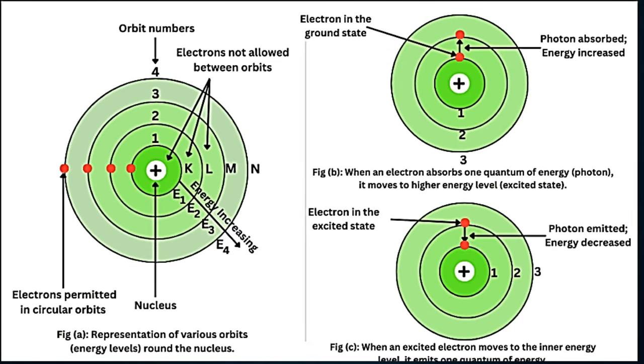And to find the energy that it released, let's say here is E2, the energy of the photon released is going to be the difference of where it was, that is the highest energy level, which is E2, minus where it is coming to, which is E1.